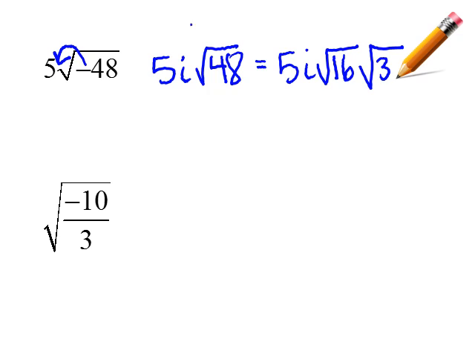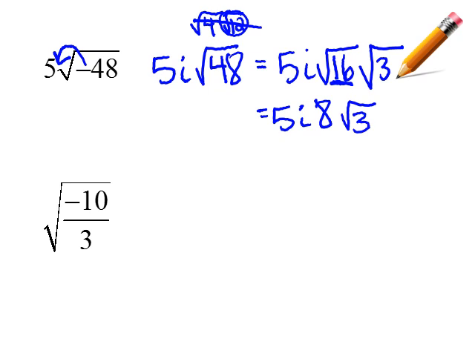Now, yes, I realize that 4 also goes in 12 times, but then we'd have to break 12 down again, so that's just extra work. So stick to the largest good root. Square root of 16 becomes 4. Now, when I have numbers and letters written next to each other, that implies multiplication. So I need to simplify one more step by multiplying that 4 times the 5. That leaves me with 20i radical 3.